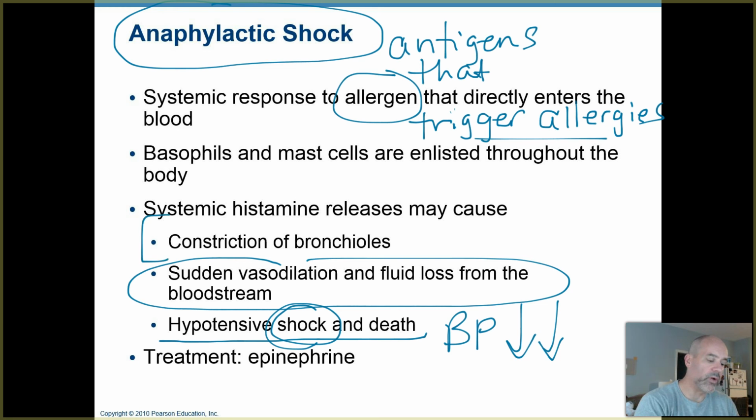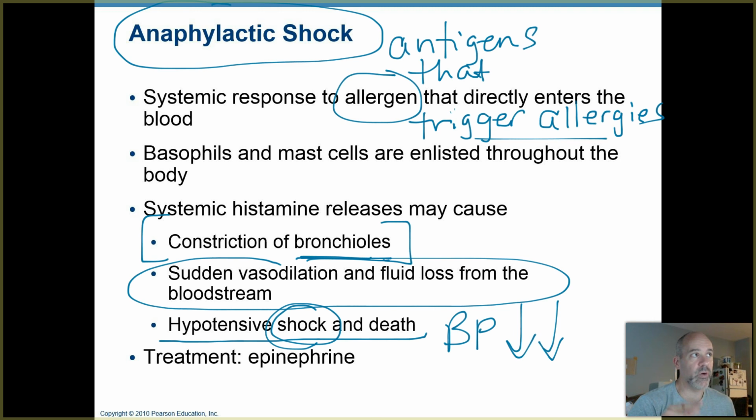Also, it triggers constriction of your bronchioles. Those are the small air passages in the lungs that are bringing air to local areas of the lungs for gas exchange with the blood in your pulmonary capillaries. And so inflammation actually triggers those air passages to constrict, and that's supposed to be beneficial for you, because if you did have a microbe or something invading your respiratory system, that's going to help prevent it from getting super down deep in the lungs where it might really cause you a lot of problems.